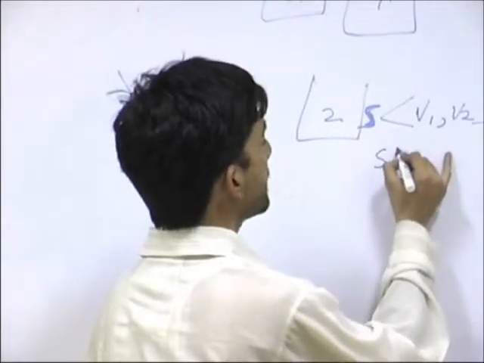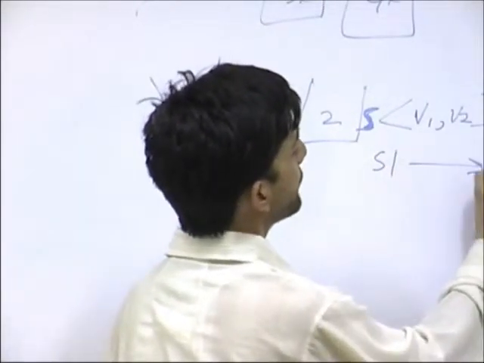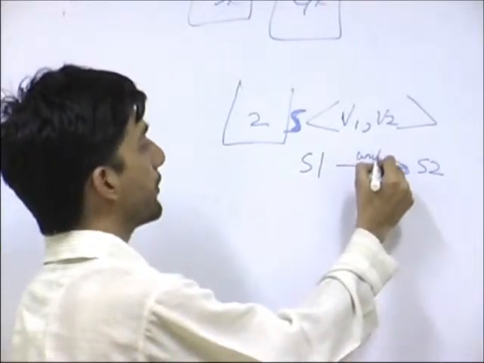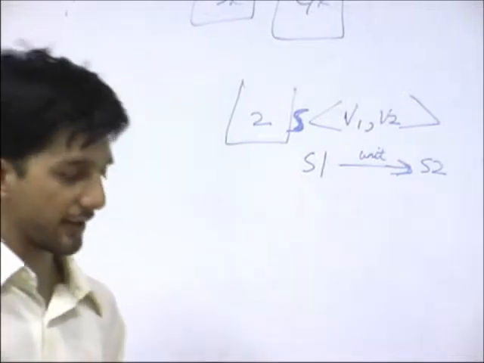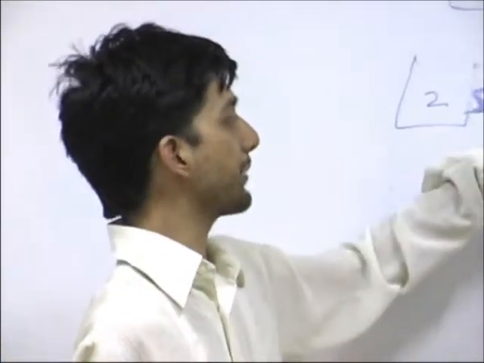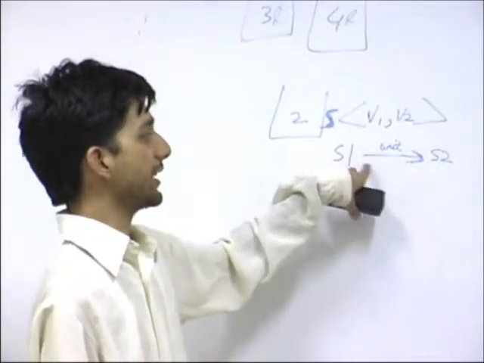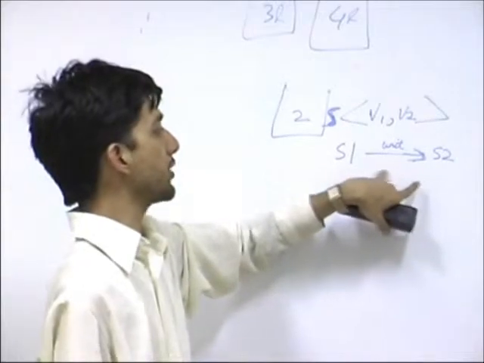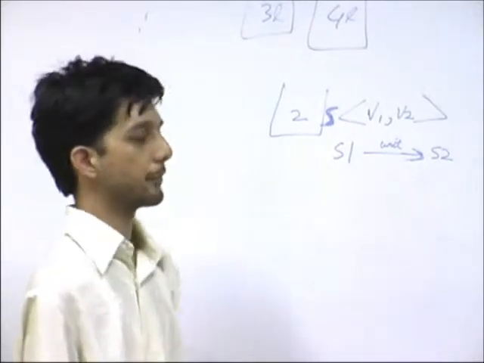A state S1 can be transformed into a state S2 if I can have a unit operation that changes state 1 into state 2. I'll call it S2 is reachable from S1.